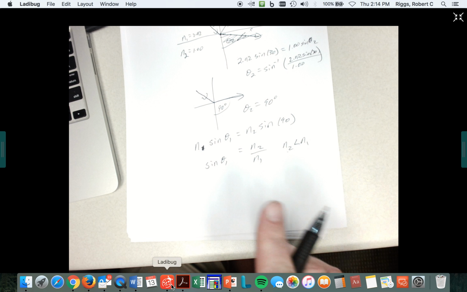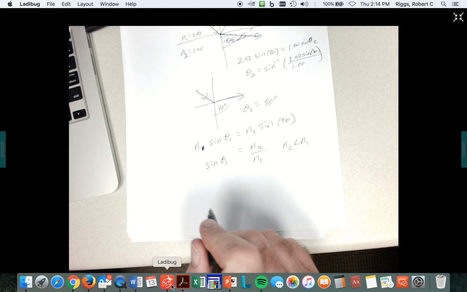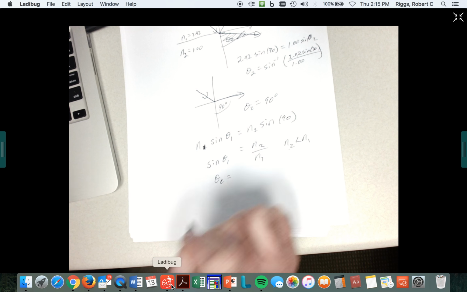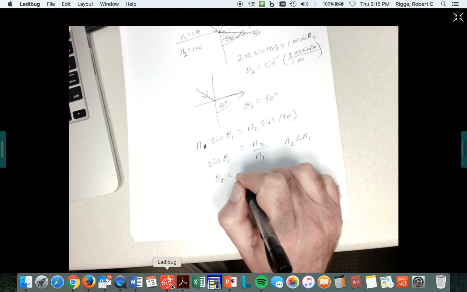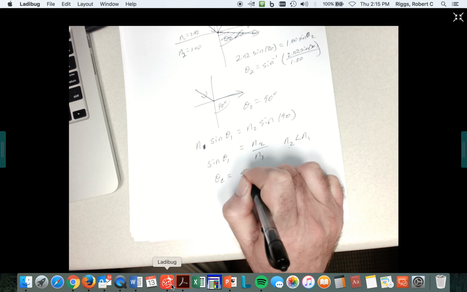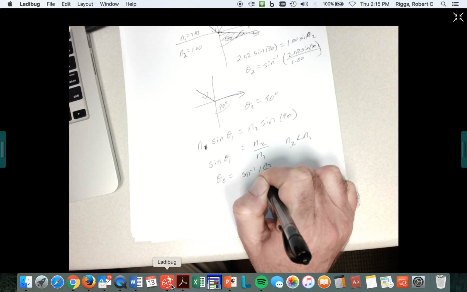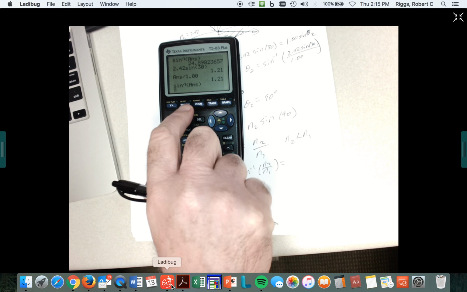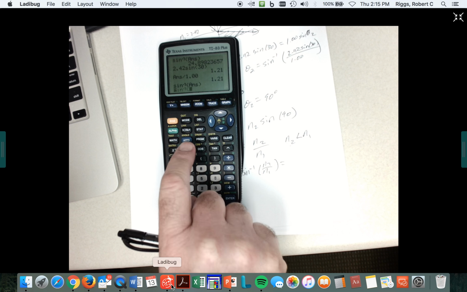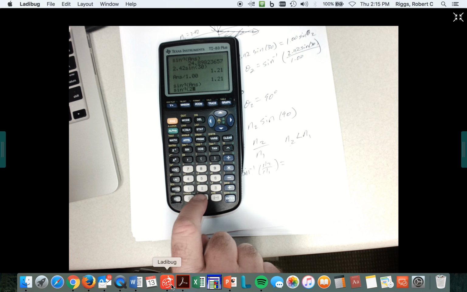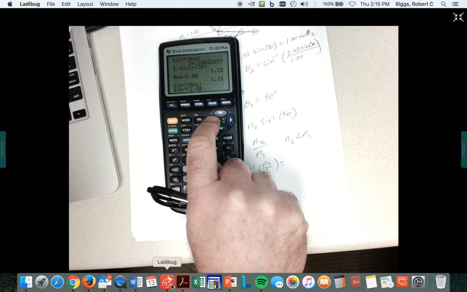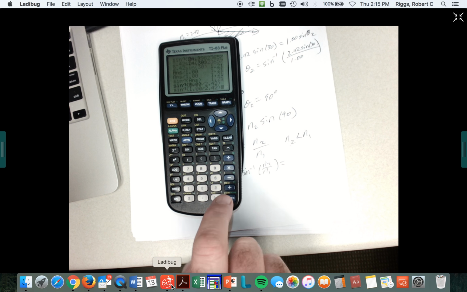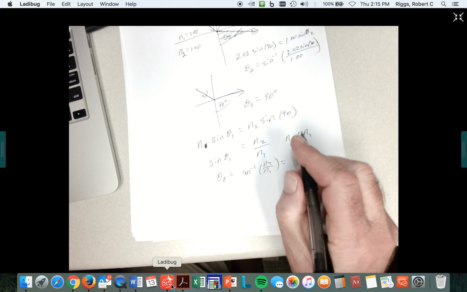Because here, we're going to find that the internal reflection is equal to the critical angle. The critical angle is equal to the inverse sine of N2 over N1. So I'm going to take the inverse sine of 1.00 divided by 2.42, for my diamond, which is equal to 24 degrees.